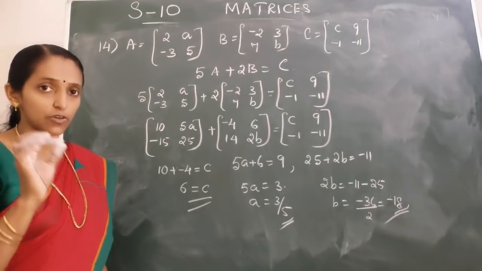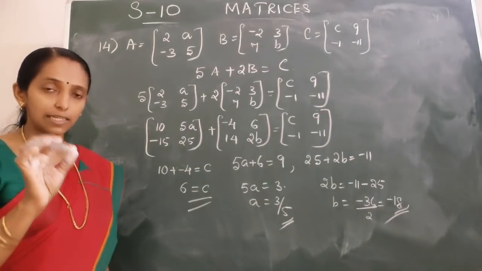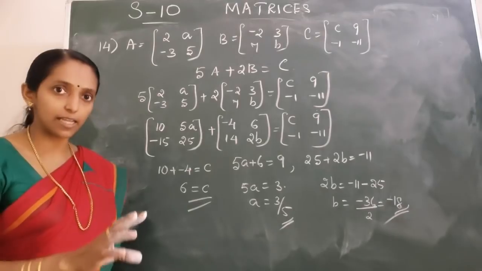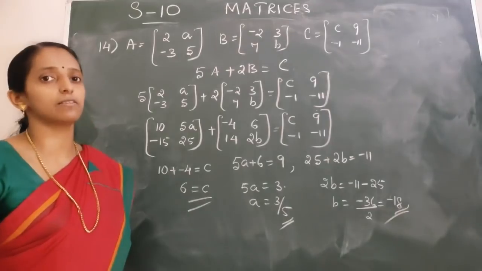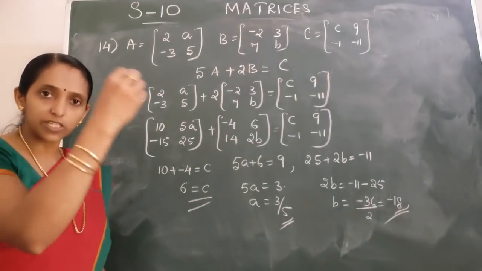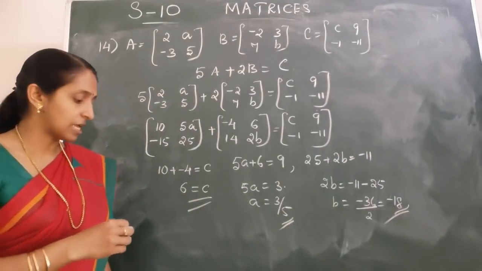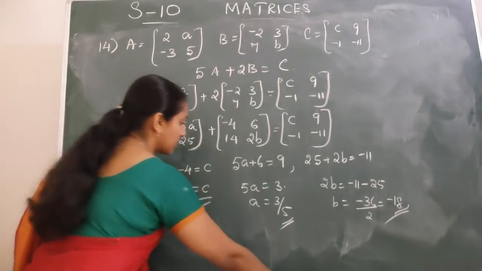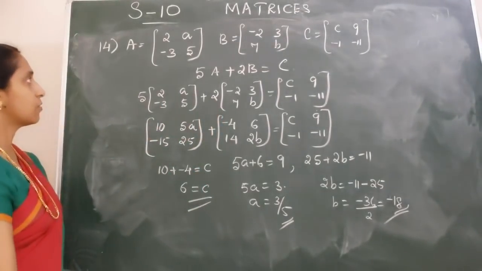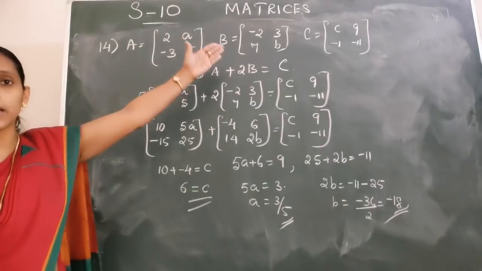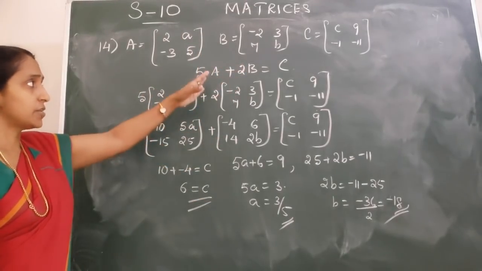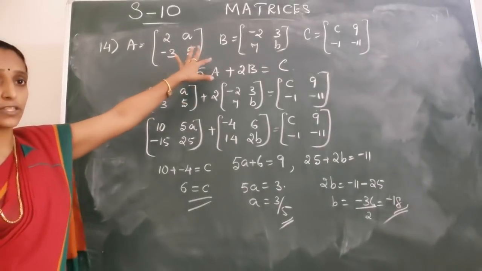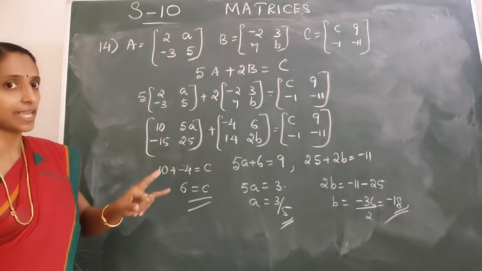Addition given means we will add all the respective elements. Subtraction means we will subtract the respective elements. And if you have to find out some subtraction with 5A plus 2B minus 7I, A and B are given and you have to find out 5A plus 2B minus 7I.